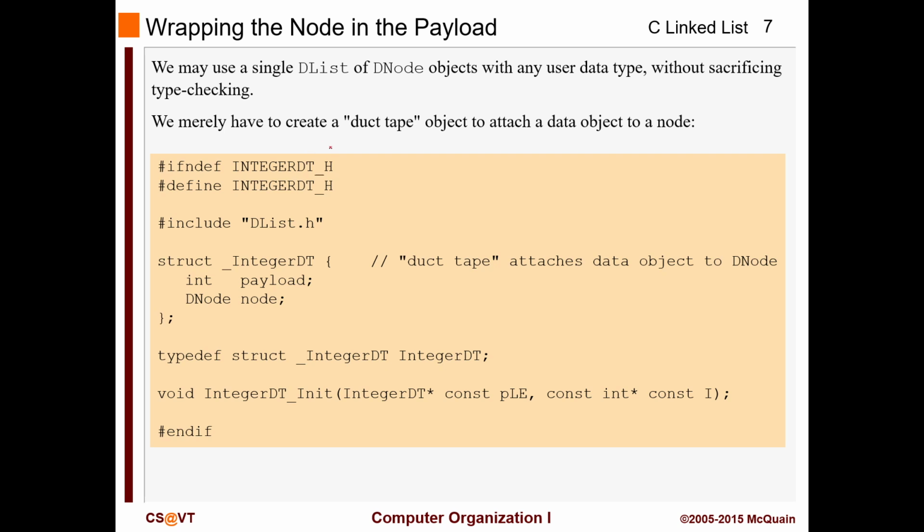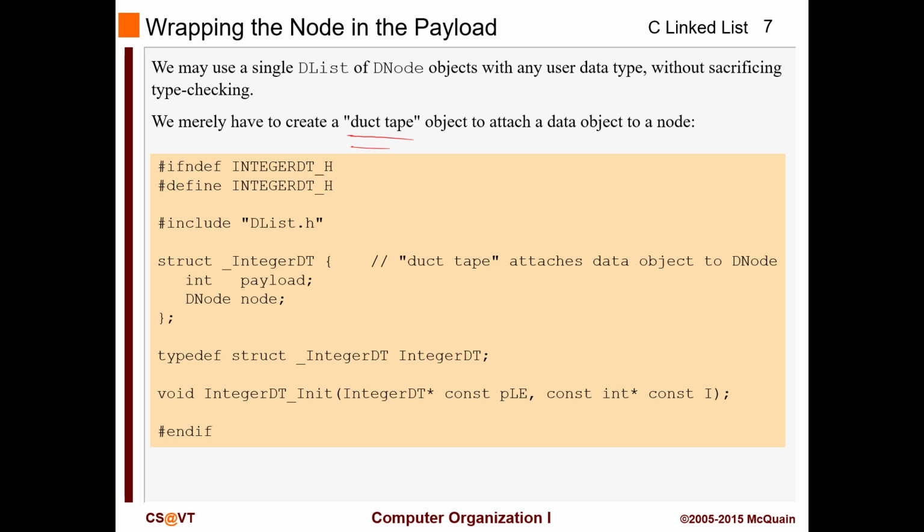So another thing we're going to do is use something called duct tape, and this is how we are going to duct tape objects together. So instead of having something like an array or a linked list like Java, we are just going to use something of a duct tape.